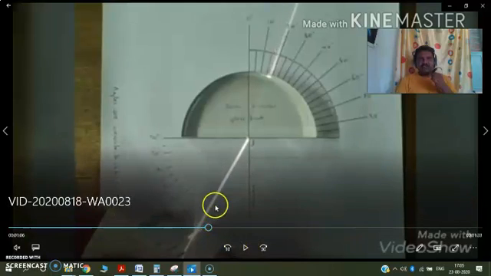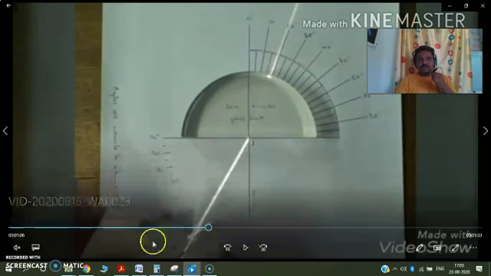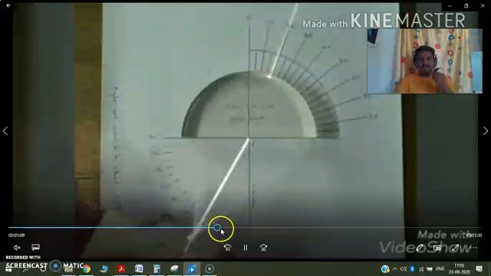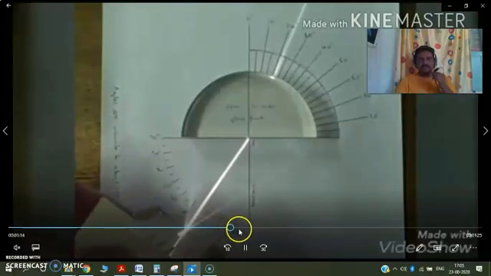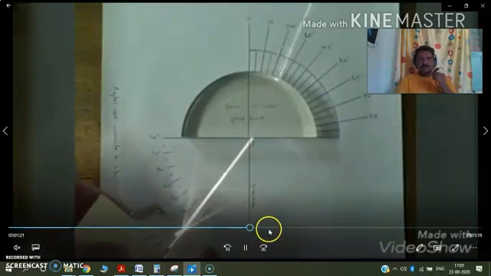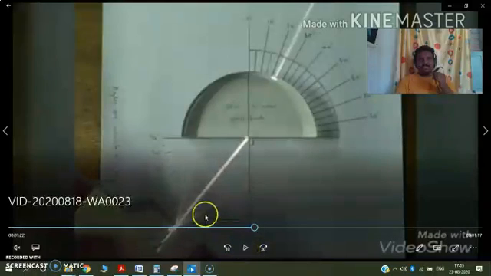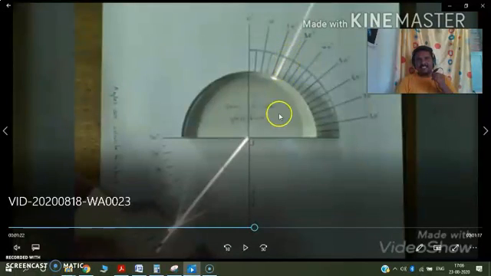Now the angle of incidence in the rarer medium is 30 degrees, and the angle of refraction is 20 degrees. Here the angle of incidence is 40 degrees, and the angle of refraction is 35 degrees.